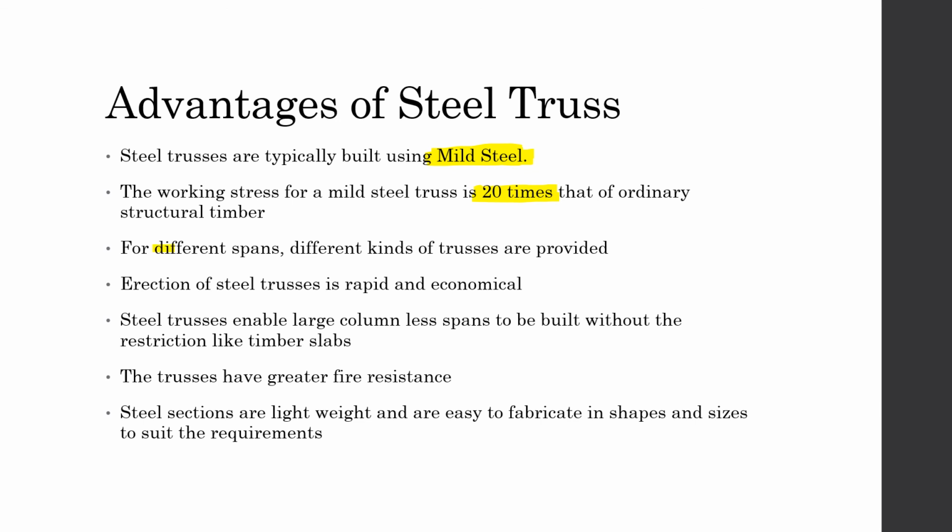Now, for different spans, there are different kinds of trusses, like we saw in all the schematic and generic drawings of them in the video before. And erection of steel trusses is rapid and economical, like any structure that is being built with mild steel. Steel trusses enable large columnless spans to be built without the restriction found in timber.